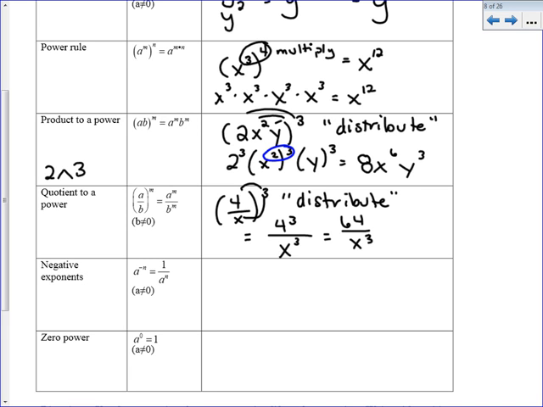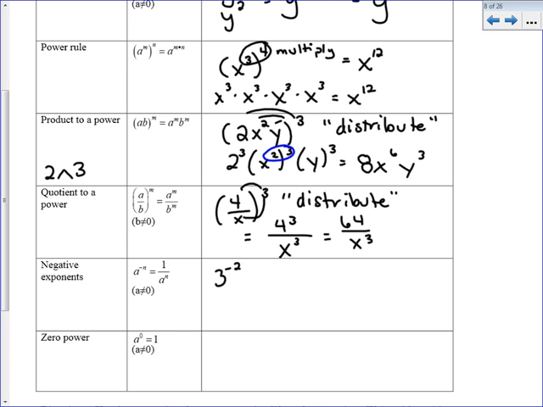Negative exponents, we've run into them back in the beginning of 10.2. And we saw something like just a number raised to a negative exponent. And what did we do when we had a number and it was raised to a negative exponent? How do we make that exponent positive?